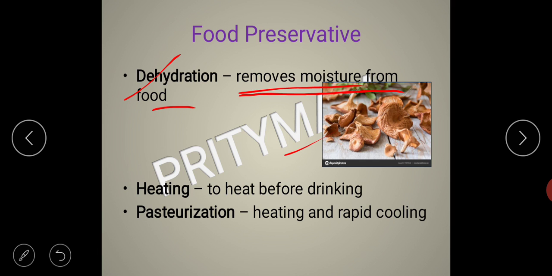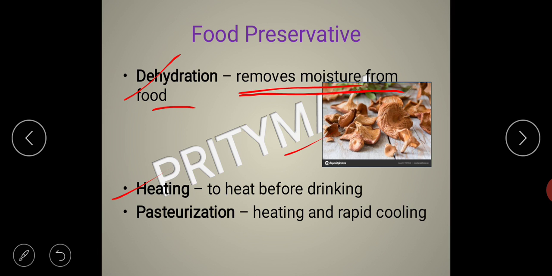The next food preservation process is heating. Heating food kills most of the microbes, most of the bacteria, most of the microorganisms.